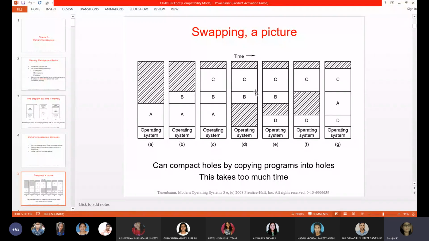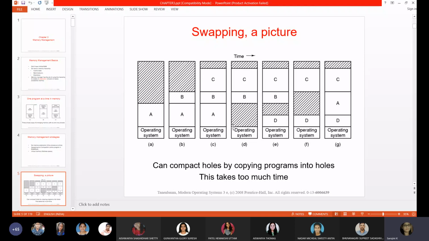Now here processes A, B, C are there, no? Process A is evicted, we can say. Process A has not completed its execution, so it is going away, maybe because of an IO request or something like that.